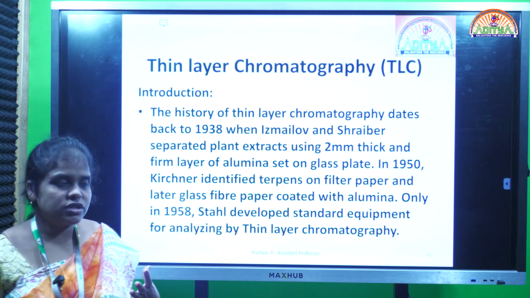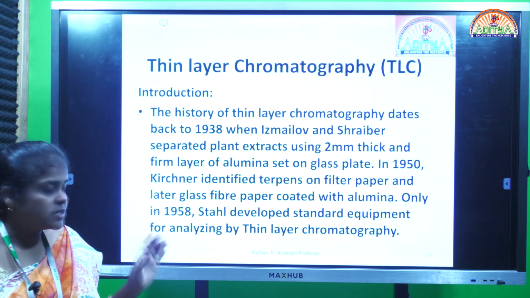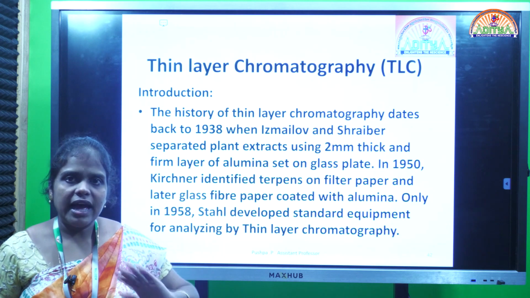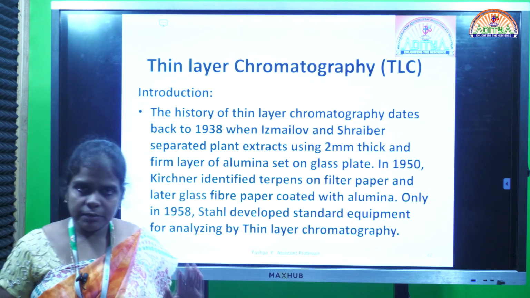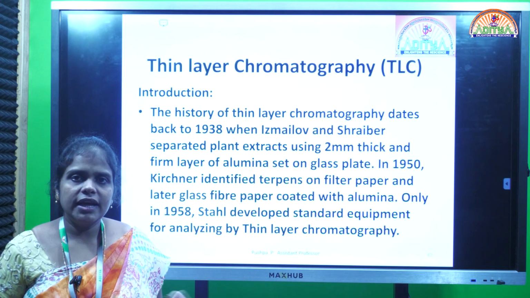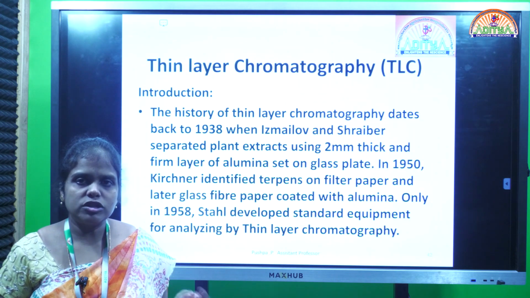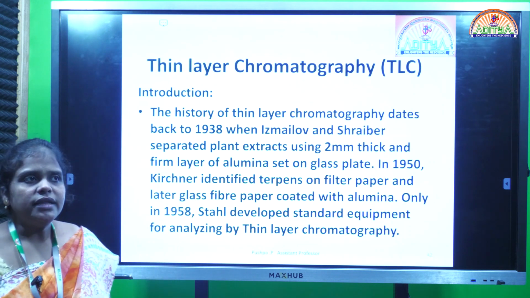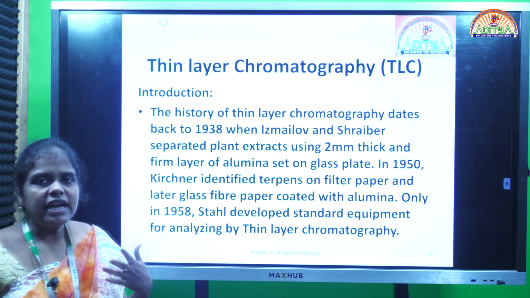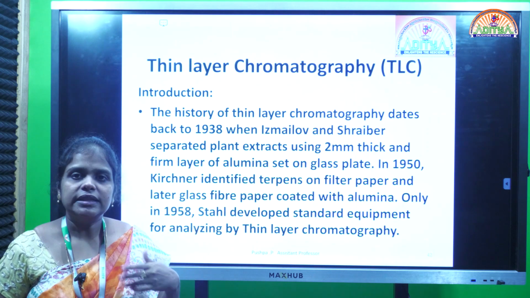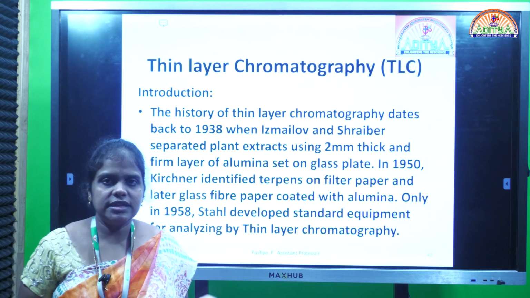They took a glass plate, spread an aluminum layer on it in a thin form, and spotted plant extracts on that glass plate, but they didn't separate them nicely. They introduced it first, but they didn't identify it correctly as thin layer chromatography.